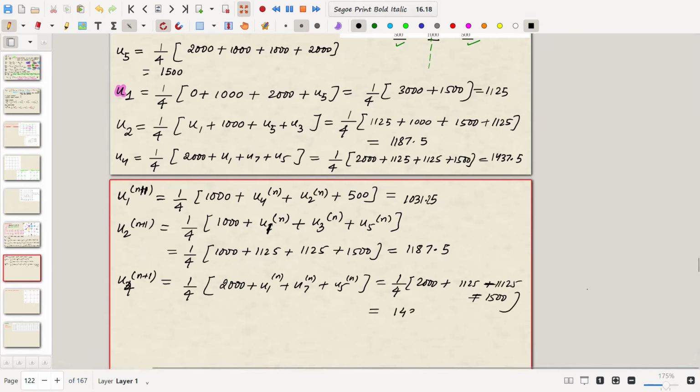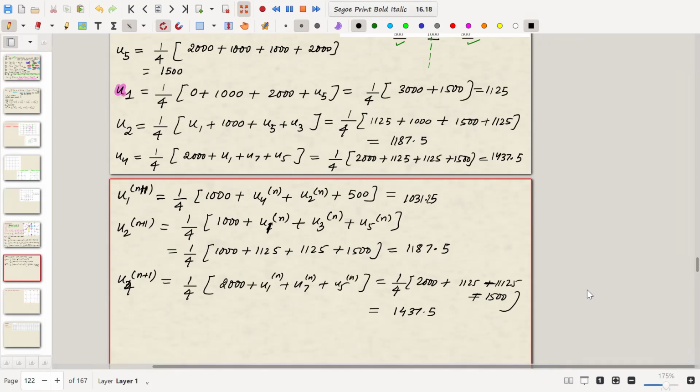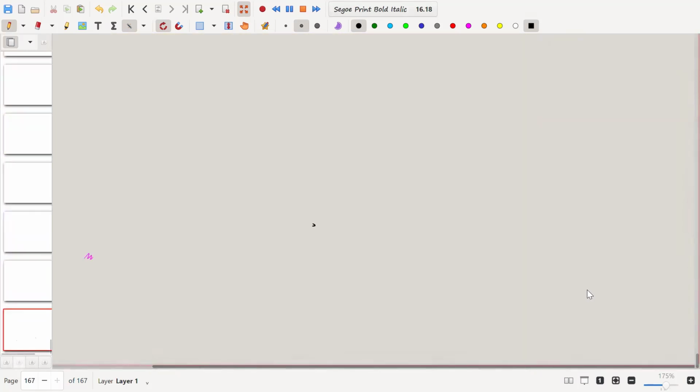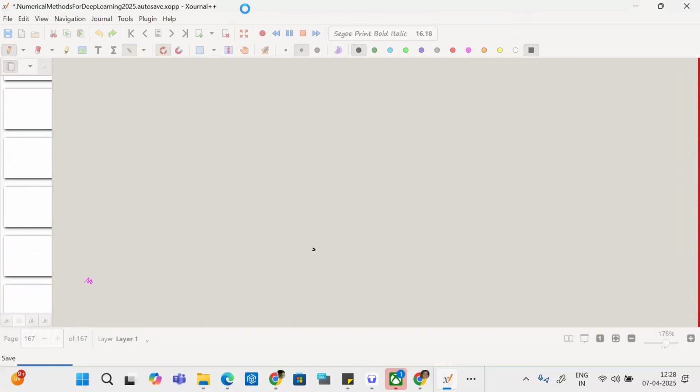What should be the value? Okay. Can you compute like this? The other three?